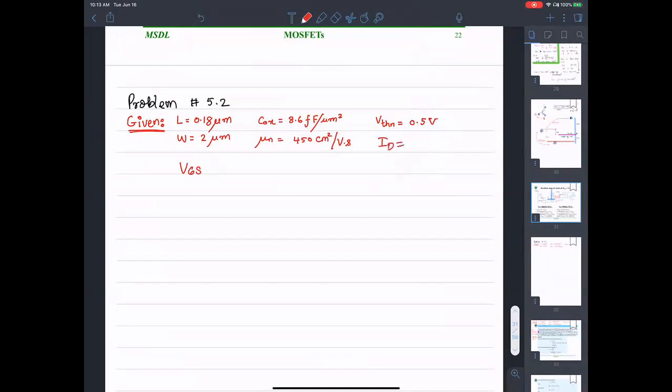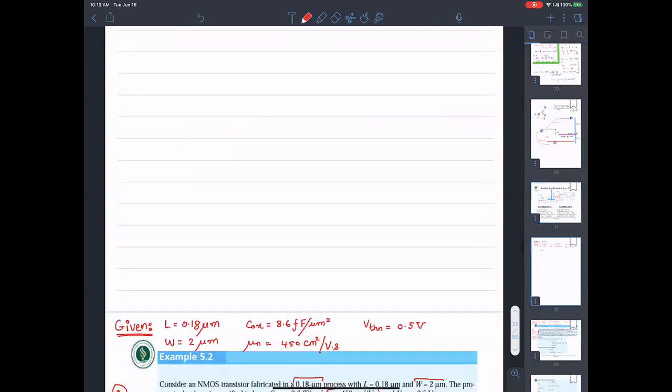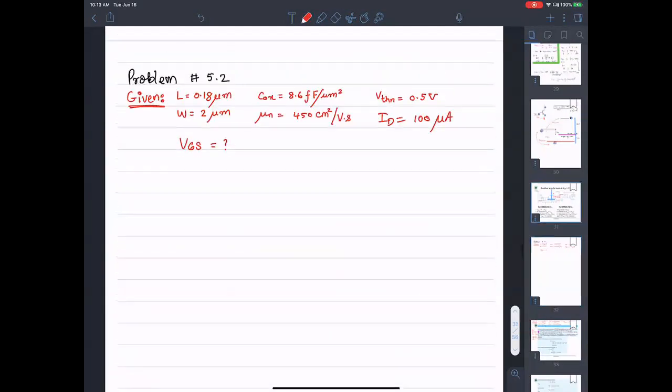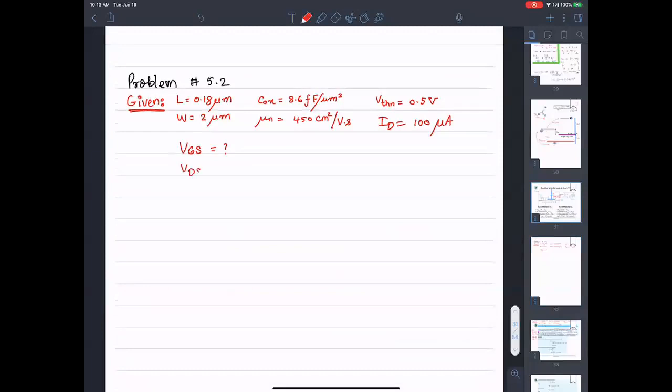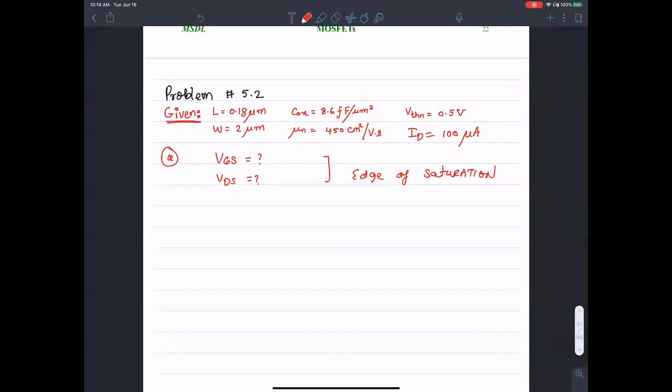Also we are supposed to find the value of VGS. ID is given to be 100 microamperes. We find the value of VGS and the value of VDS for edge of saturation. What does edge of saturation mean? What does it mean when we say we are on the edge of saturation?